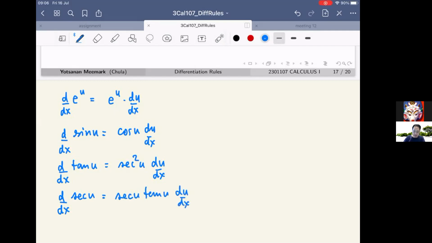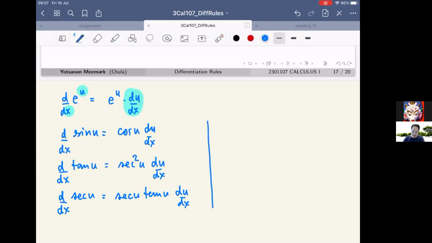So you notice that each one of them is a derivative with respect to x, but here the variable is u. That's why we need to attach the du by dx. But if the variable happens to be x already, dx by dx becomes 1, remember?